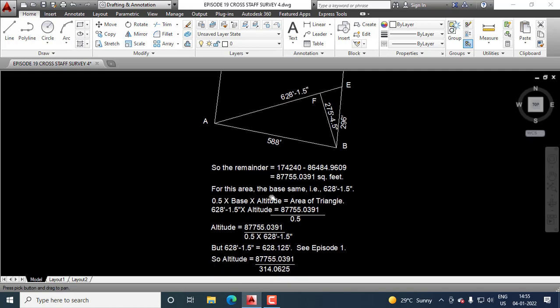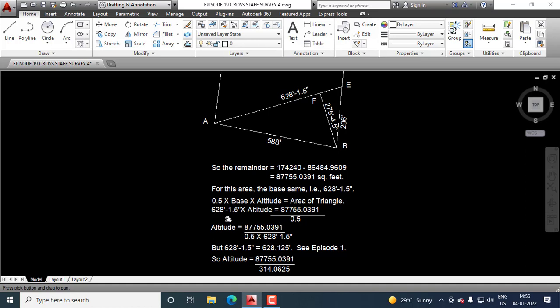For this area, the base is the same, AE is the same, that is 628 feet 1.5 inches. 0.5 into base into altitude is equal to the area of triangle. Here 0.5 is the multiplier. After moving to the other side of the equation, 0.5 becomes the denominator.